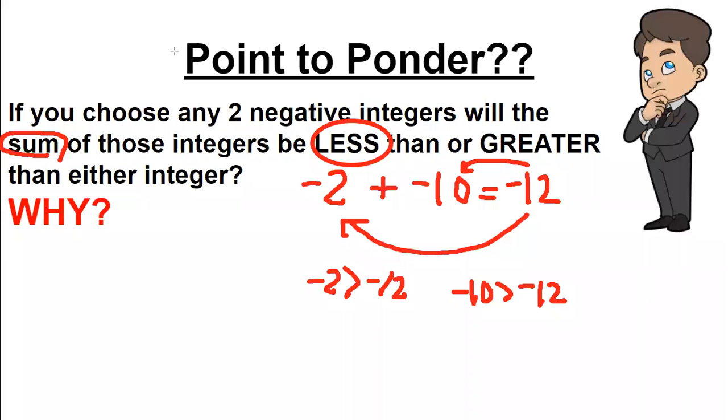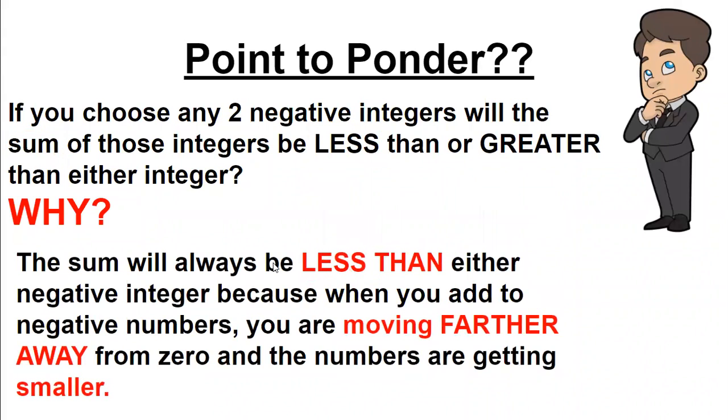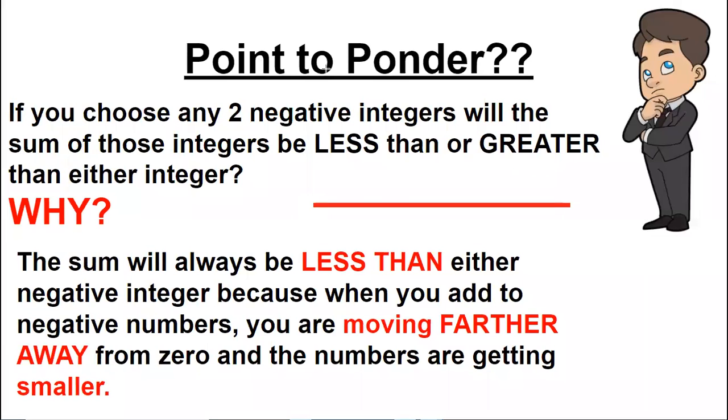Why? The sum will always be less than either negative integer because when you add two negative numbers, you are moving farther away from 0 and the numbers are getting smaller. So here's our number line, just a rough one, with 0 in the middle. If you're adding a negative, we have negative 2, and we'll make one over here, negative 10.